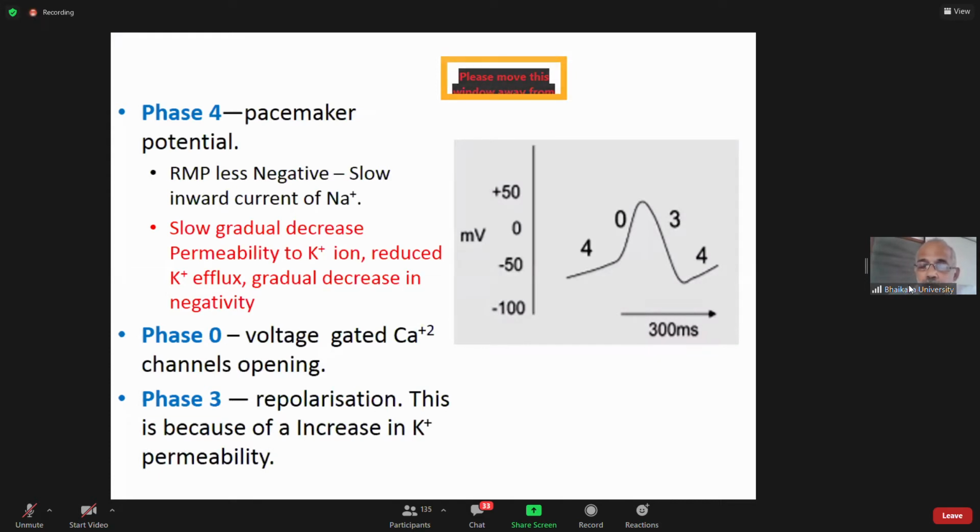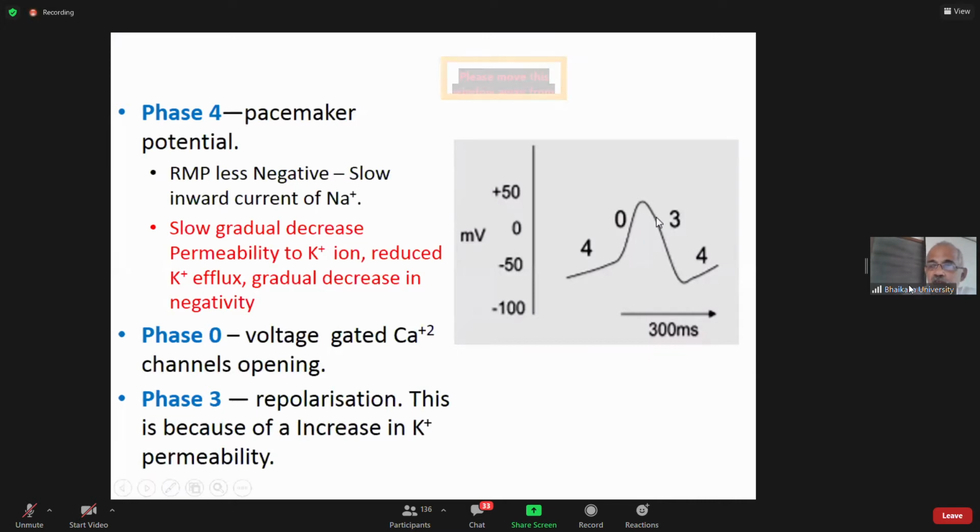At resting condition, the permeability of the membrane for potassium is high. In these tissues, there's a gradual decrease in potassium permeability. That means the potassium is retained, the negativity inside gradually decreases, becomes slowly positive, and it will reach the threshold. Once it reaches the threshold, it will fire the action potential.